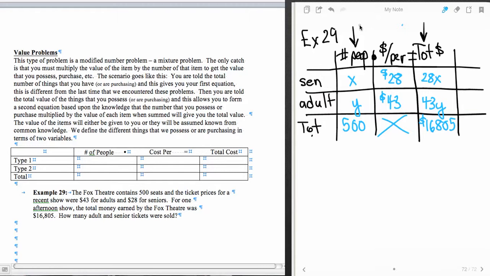And then our two equations, like I said before, are going to come from sums here and here. It's this one that sums, and it's this one that sums. So equation number 1 looks like x plus y is equal to 500, and then my second equation comes from over here, 28x plus 43y is equal to 16,805.